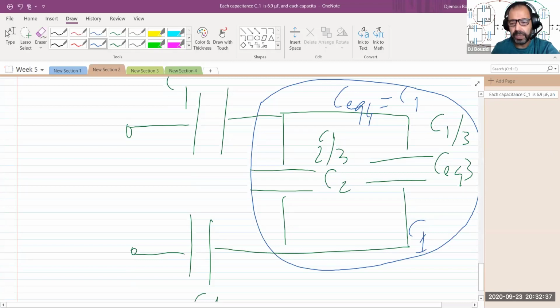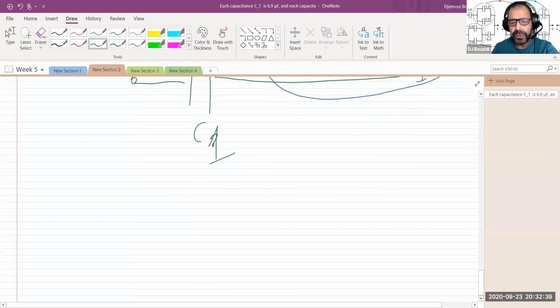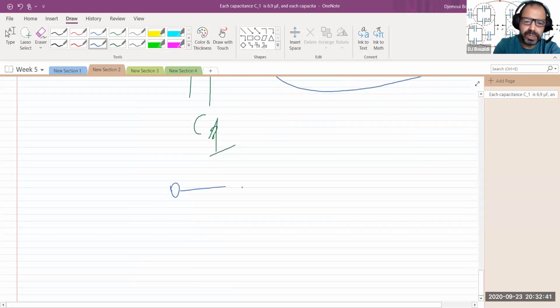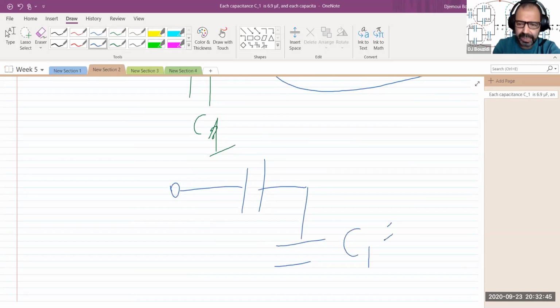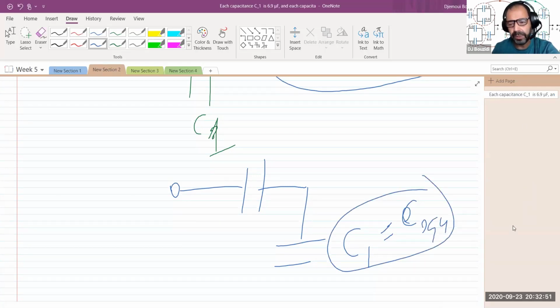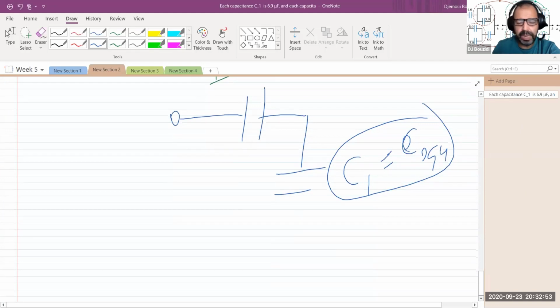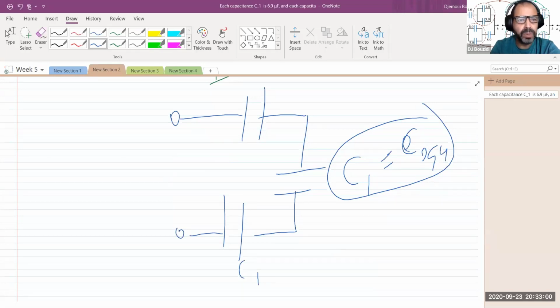So this is basically where we are right now with the CEQ3. We still have our starting point. Now we have a C1 that is coming from CEQ4. It turns out numerically only to be equal to C1. And now I have another C1, which is part of the real problem. And they are now in what configuration, series or parallel?